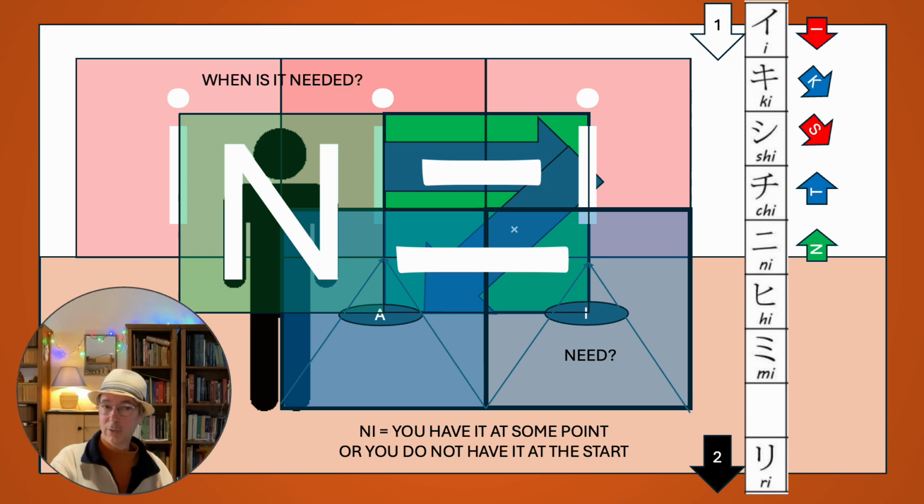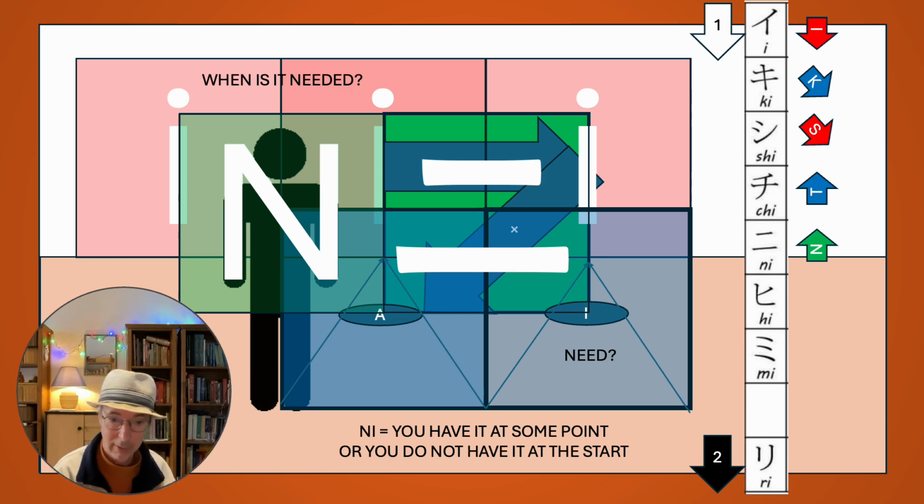Okay, how do we know when something is needed, when there needs to be some adaptation whatsoever? That's expressed by ni. You have the n position in the Roman script, which is a letter from the second category. It is also about timings. The n is about finding a balance when you need a timing.